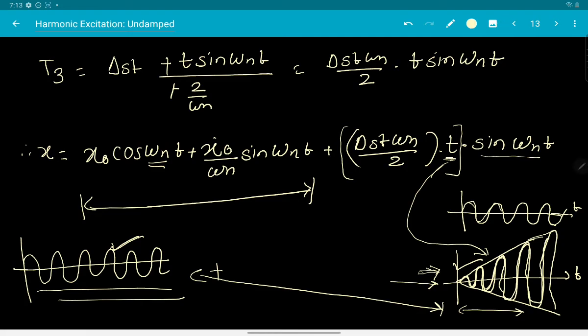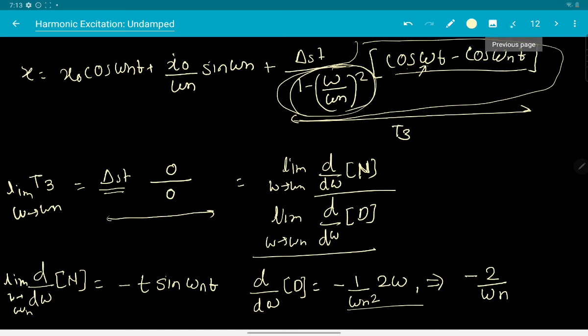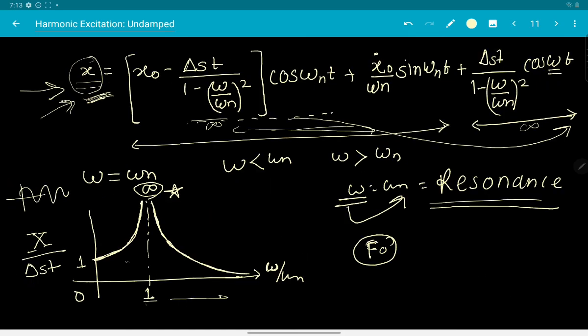Always ensure that omega is away from omega n. Having omega exactly equal to omega n is completely a disaster. You should not even have omega nearby omega n. Try to have a certain separation between omega and omega n. If you do so, you will be lying away from the resonance condition, which is this condition.